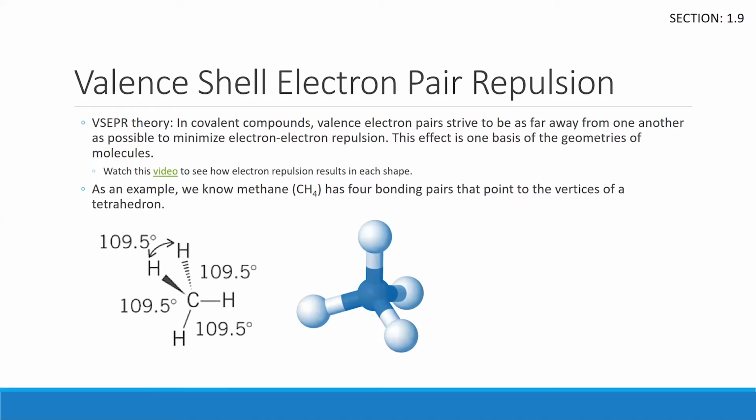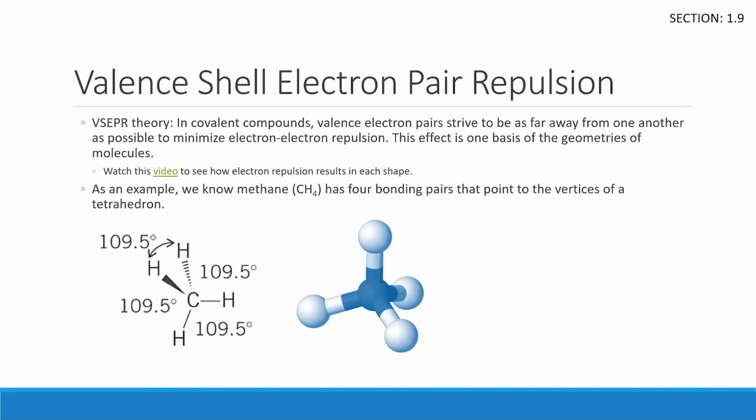Most of you should have gone through valence shell electron pair repulsion theory, also called VSEPR sometimes. VSEPR theory shows that in covalent compounds, valence electron pairs strive to be as far away from each other as possible to minimize electron-electron repulsion, and this effect is one basis of the geometries of molecules.